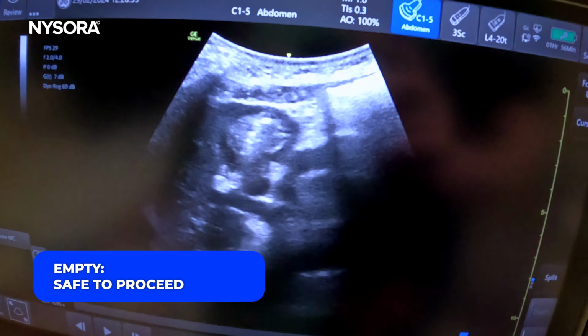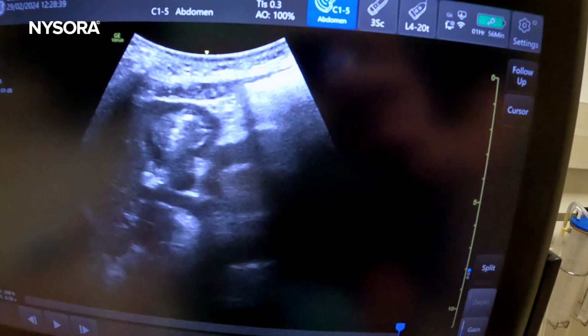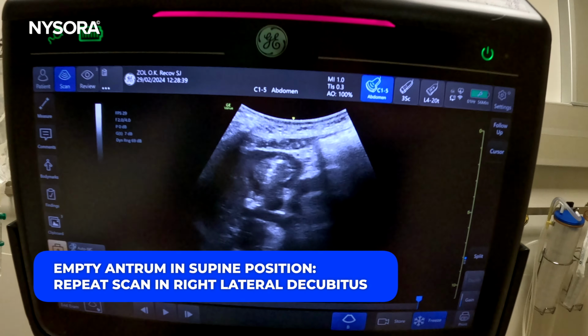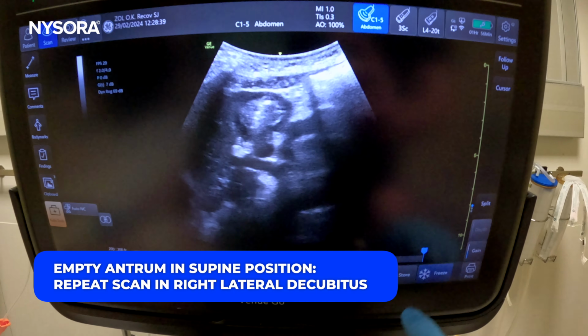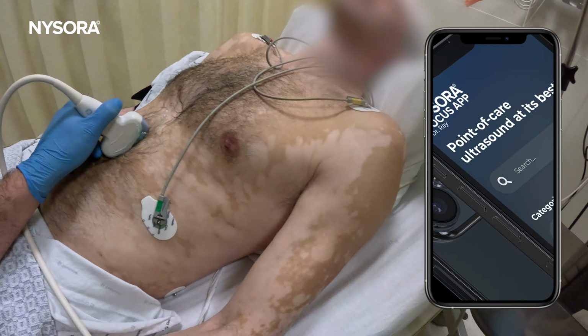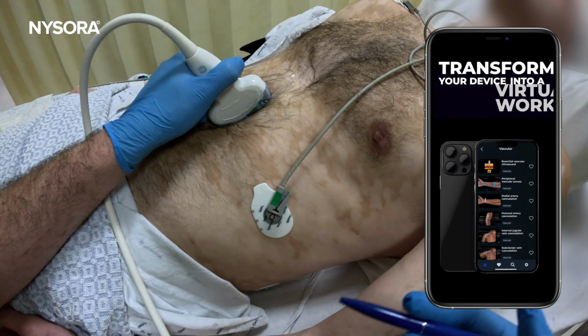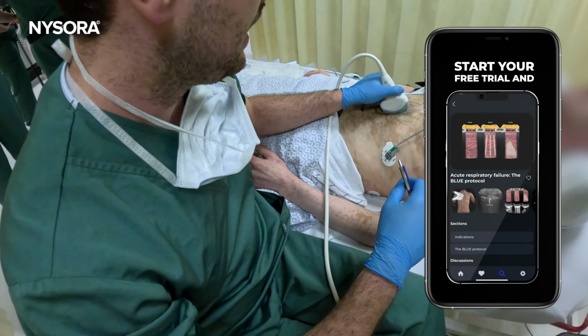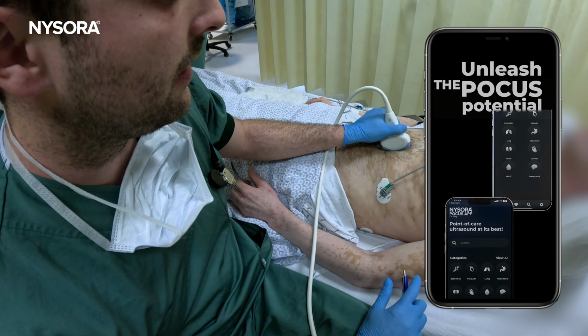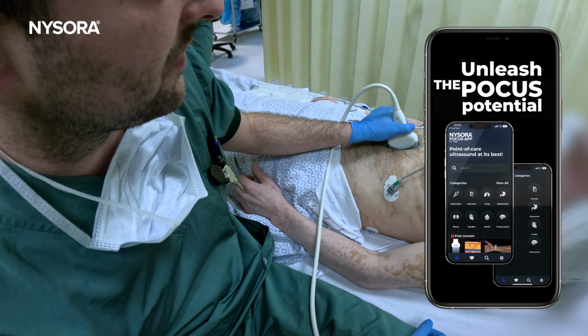Now we have the findings of an empty antrum of the stomach. This means you always have to proceed an investigation in the right lateral decubitus. This way, due to gravity, fluids or other contents will flow to the gastric antrum, and this will give you a second evaluation of safety.